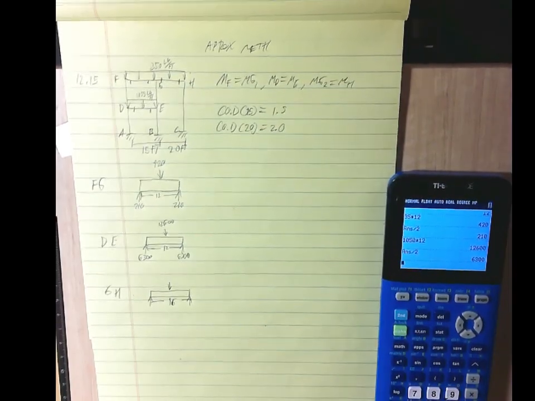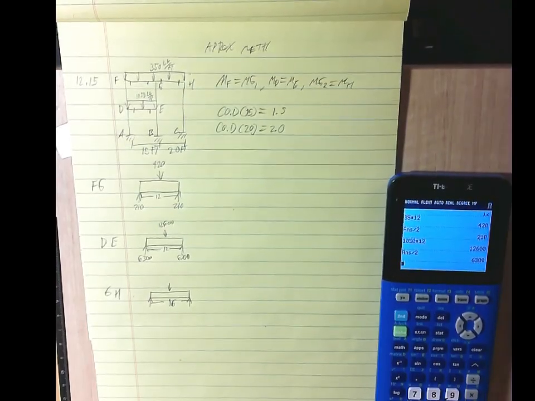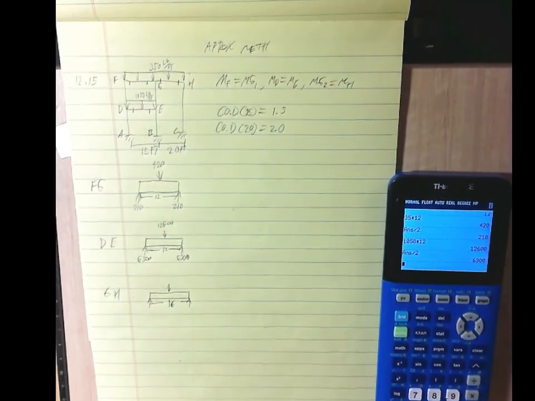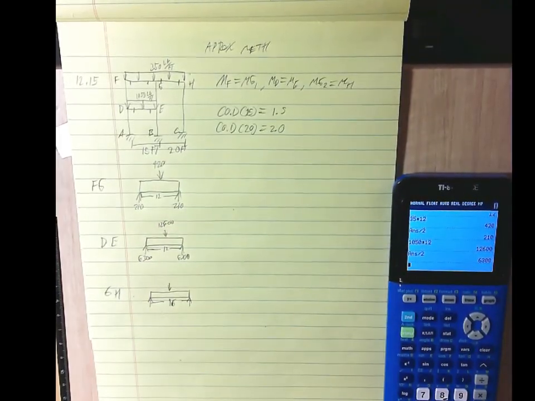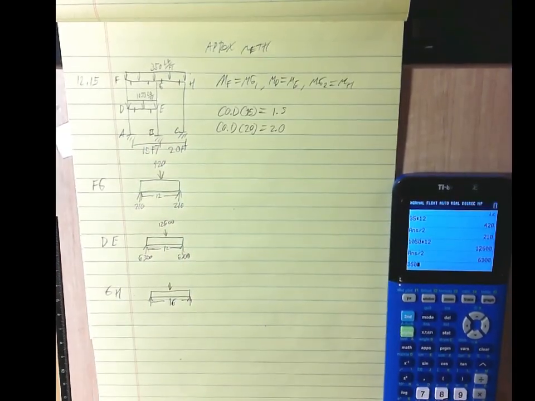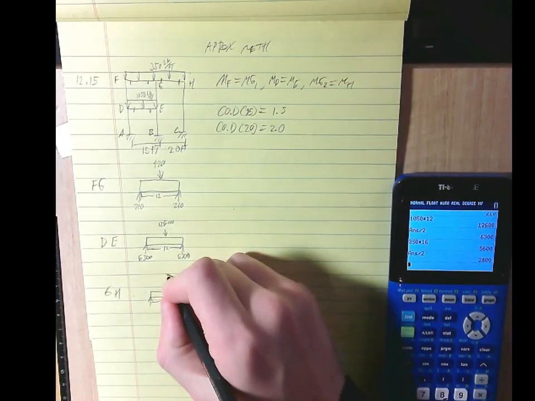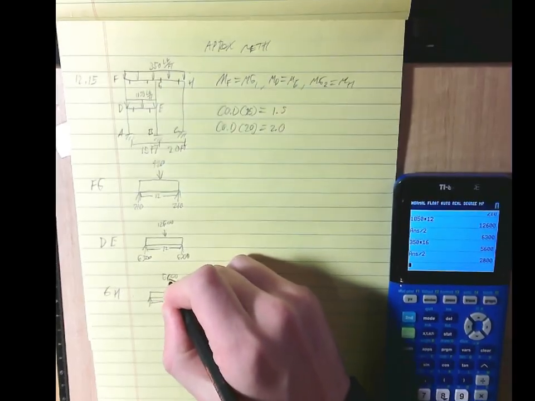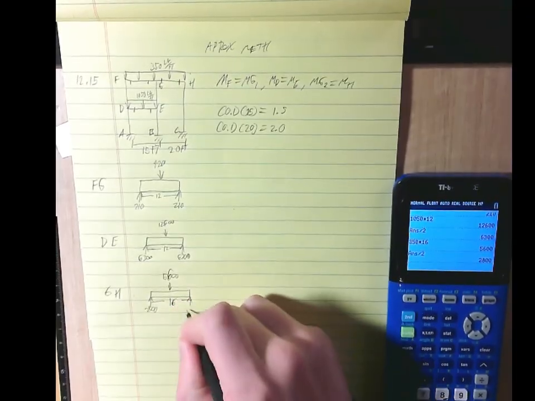Okay. Back to this. My apologies. So now for this last one, it's going to be 350 times 16, which is going to be 5,600, and then 2,800 for both of these.